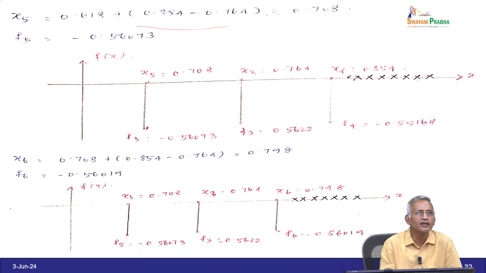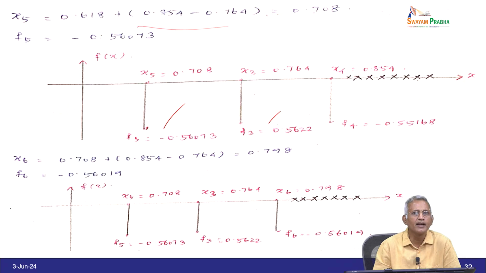Now, x5 0.708, f5 equal to minus 0.56073, x3 equal to 0.764, f3 equal to minus 0.5622 and f4 equal to minus 0.55168. Comparative study with f3, f4 and f5: f3 and f5 are nearly equal in 2 decimal places and f4 is greater than f3 and f5, so omitting x4 to the maximum limit 1.